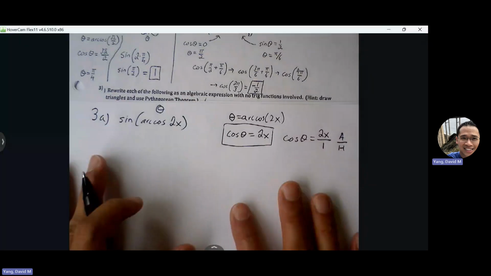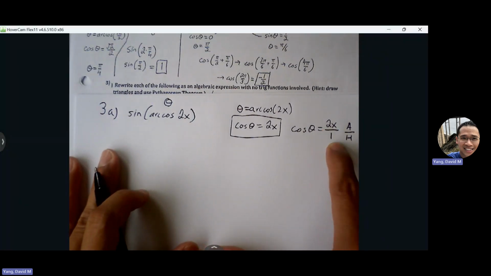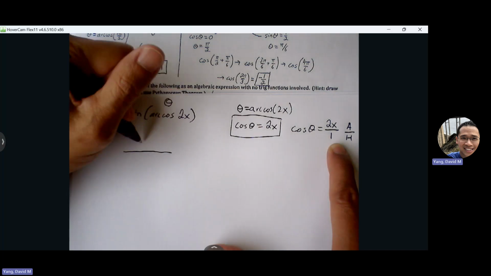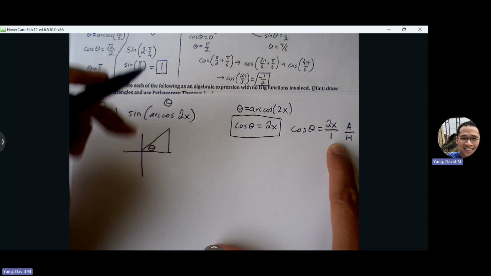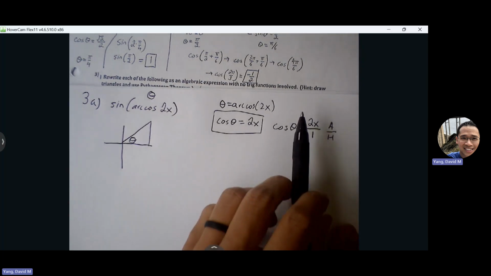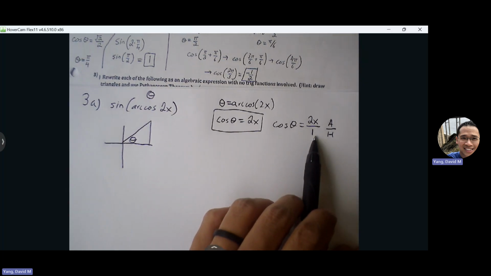Adjacent over hypotenuse. If I can create a first quadrant ratio of that, and we're always going to do first quadrant because it's the easiest one to interpret or evaluate. So I want to put 2x and 1 in the correct places here.